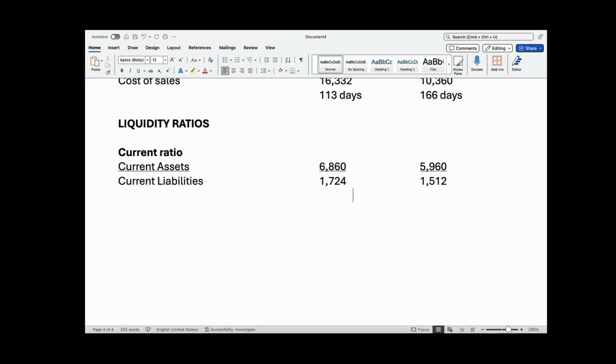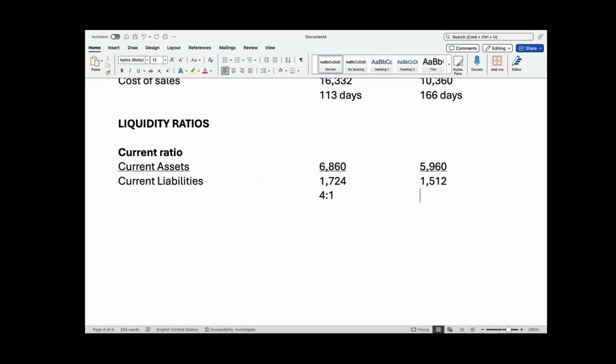So how much is the ratio? 3.96 to 1 for 2023, which I just round to 4:1.